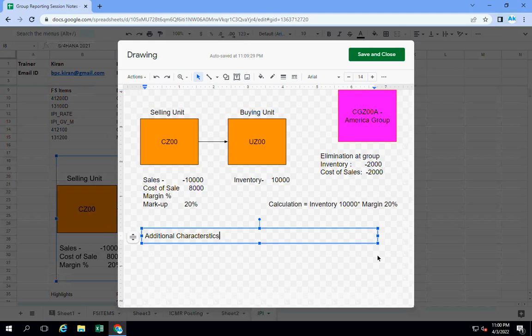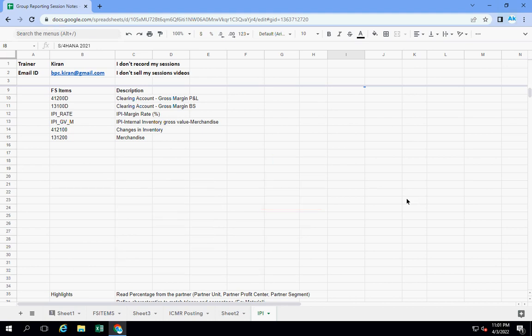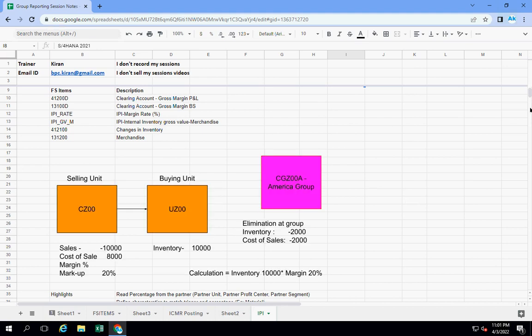Here, for additional characteristics, you need material or material group, based on what you want to calculate this margin. So you can enable material for the master data. I have prepared some sample data, and I will show it to you. When you provide that sample data, I'm going to explain what entries the system posts based on the standard content.